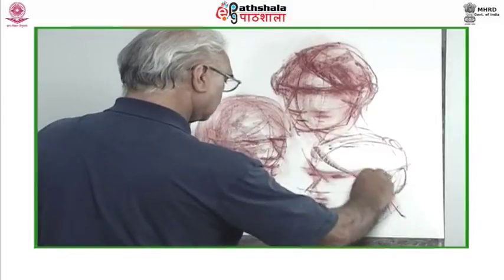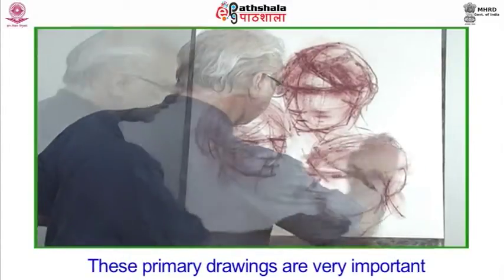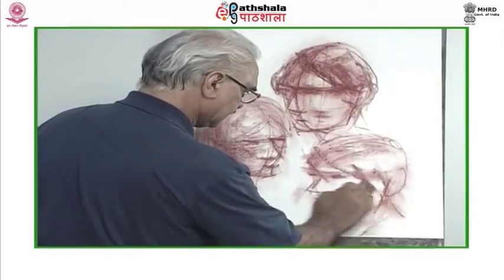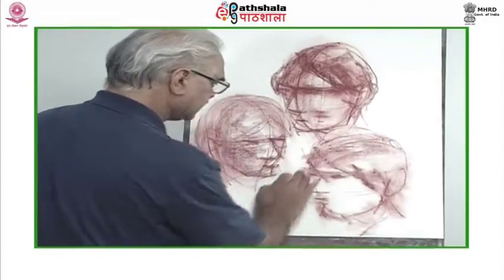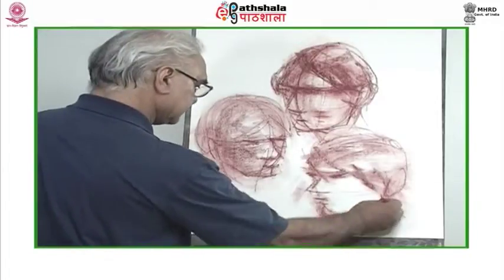I will draw the hairline and smudge the entire face for an idea of light and shade. These primary drawings are very important. You can even make sketches like these with no details, just drawing the basic forms and interpreting the shapes.